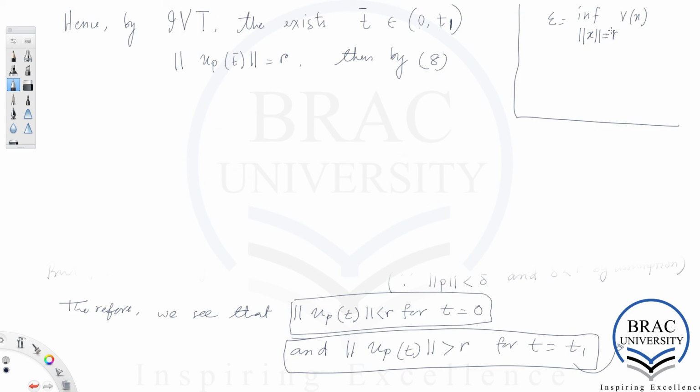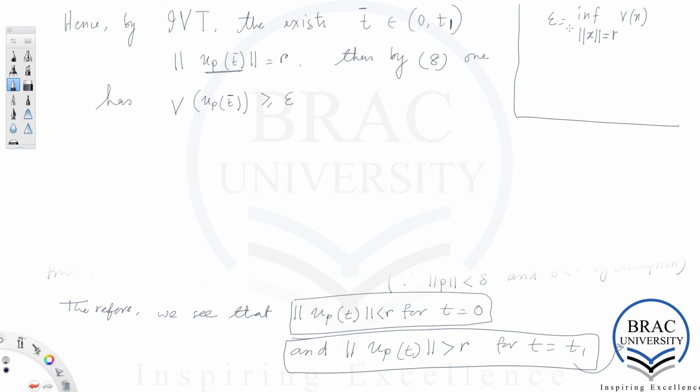So then by 8 one has V of UP of t bar, since UP of t bar is on the sphere, and epsilon is the infimum of all the values of V on the sphere, then V of UP of t bar is greater than or equal to epsilon.